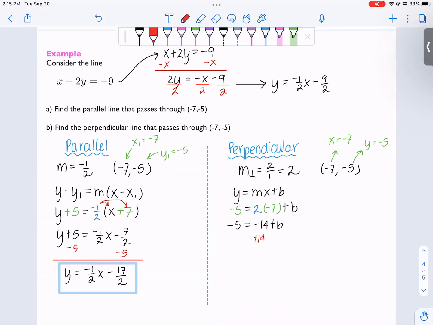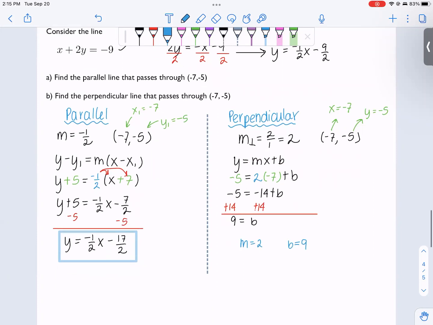Add 14 to both sides. -5 plus 14 is 9. 9 is equal to b. So then I come back up here. I now have the pieces of information I need. I have that m is 2. I have that b is 9. So I need to re-plug into my y equals mx plus b formula.